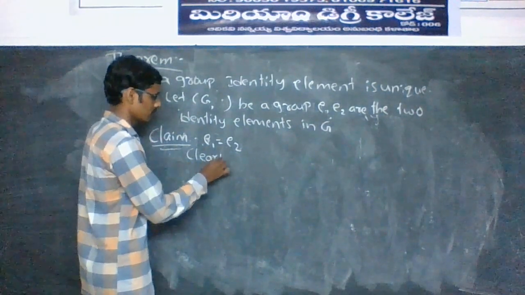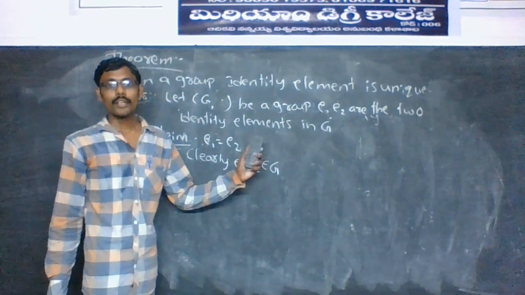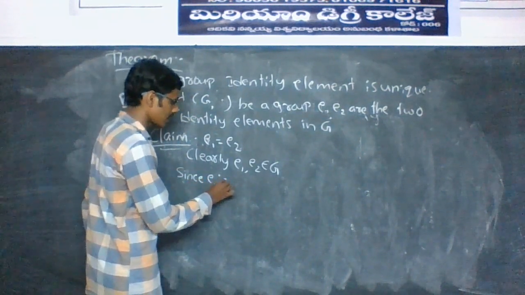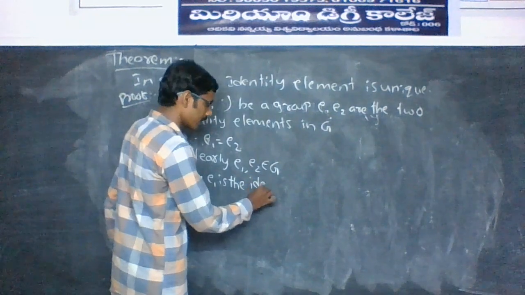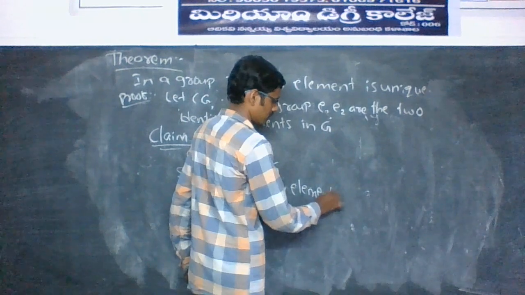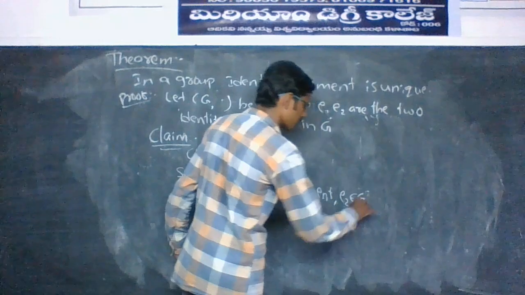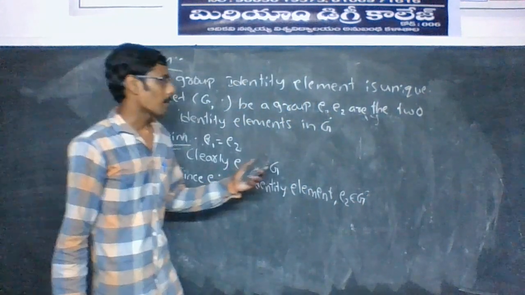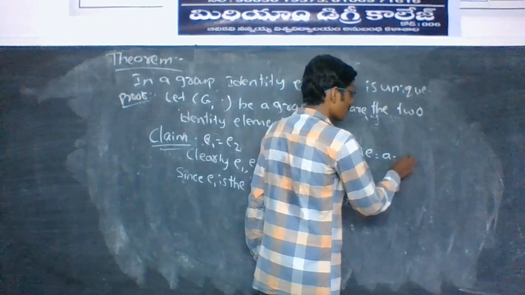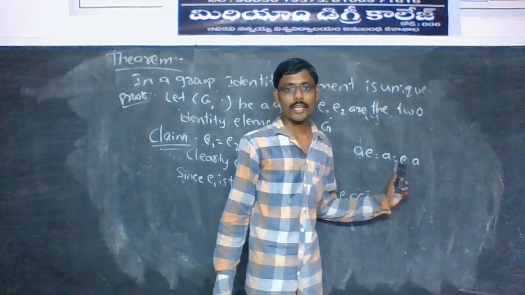Clearly, e1, e2 belong to G. Since e1 is the identity element and e2 belongs to G, by the identity property, a equals ea.